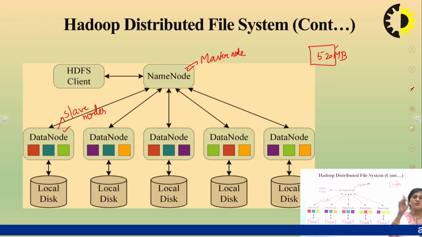Now, I want to store this file in data nodes or in HDFS. Now, how will I store it? It will be stored in the form of blocks, and the default block size is 128 MB.